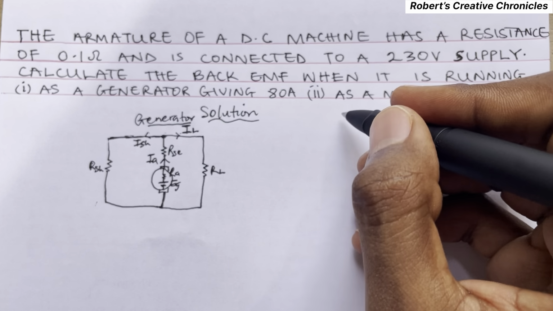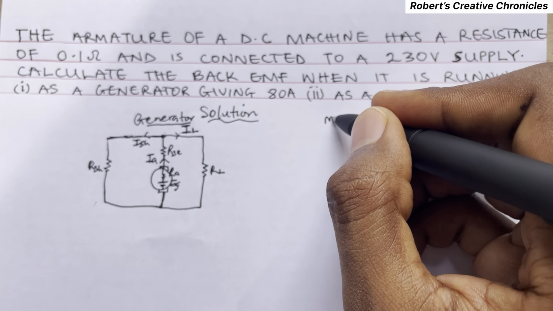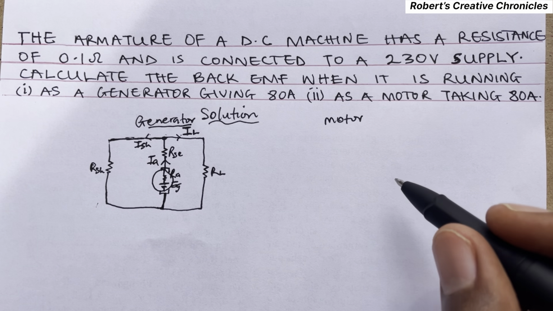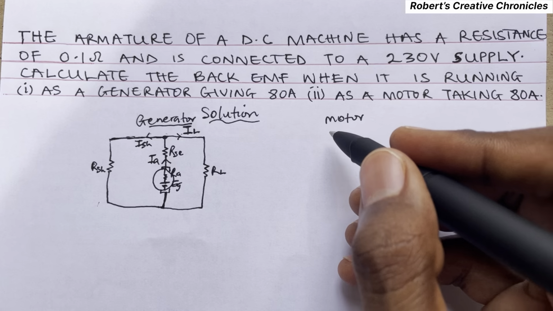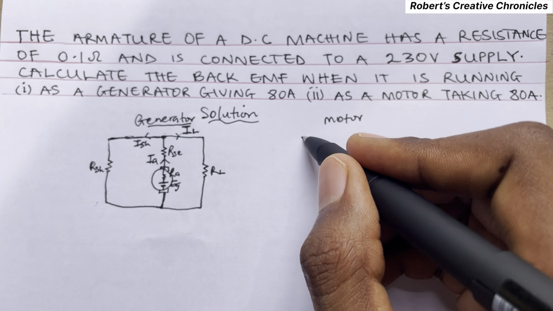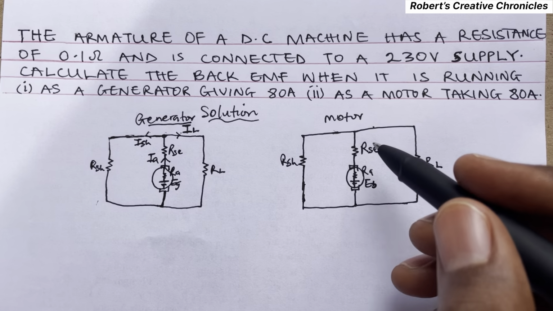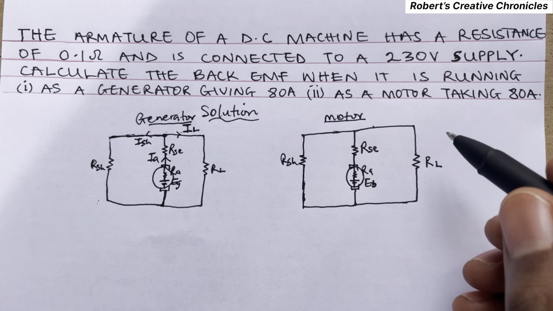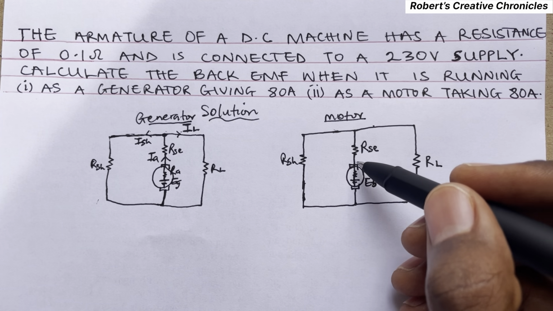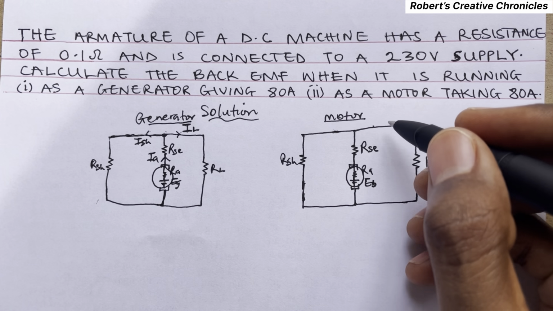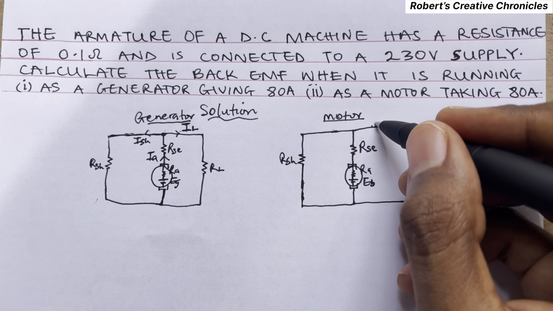So now in a motor, this direction is reversed. Let me draw it. While in a motor, the current does not come from the armature in this long shunt motor. Instead, it comes from this load resistor.